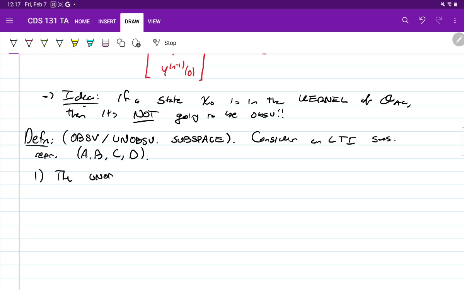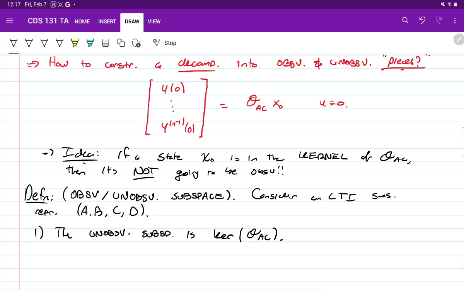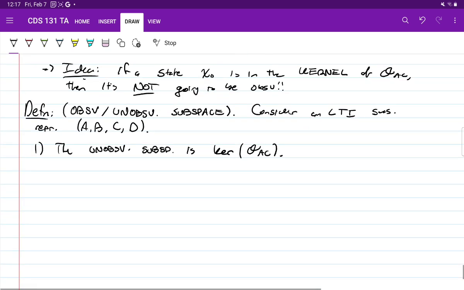So the unobservable subspace is defined as the kernel of OAC, right? This is a subset of our state space, Rn, right? Because OAC is mapping from Rn into this output space. Okay, so that's the unobservable subspace.